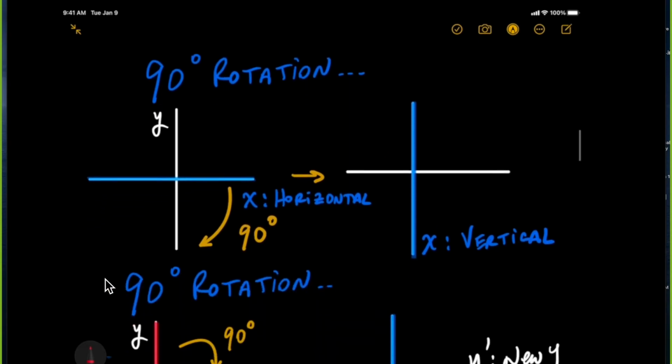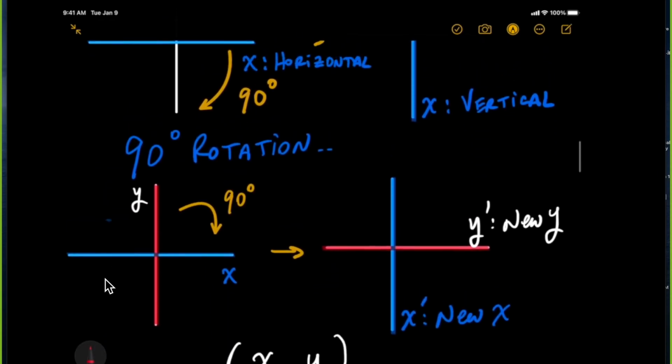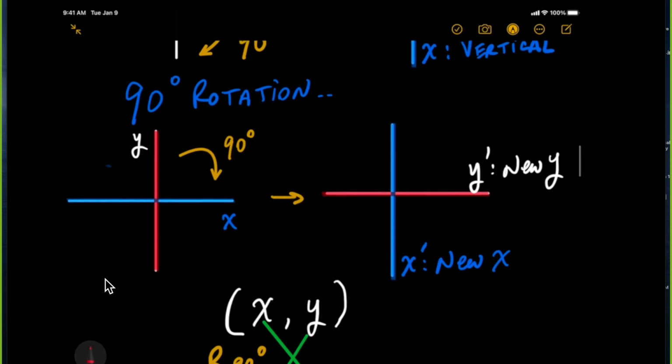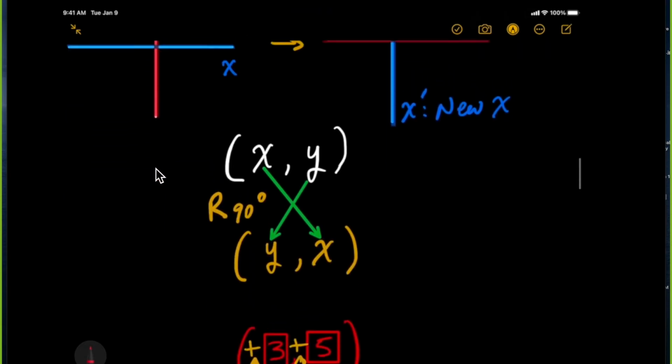Similarly, if you look at the y-axis before your 90-degree rotation, the y-axis is vertical, and when you rotate 90 degrees, the new y-axis becomes horizontal. That is why you switch these numbers.